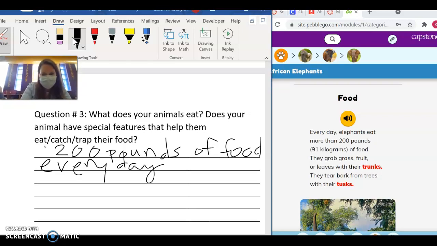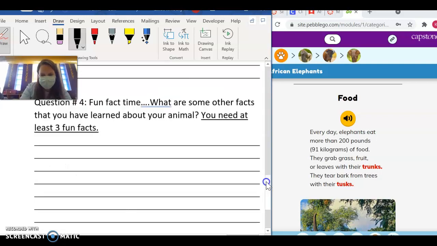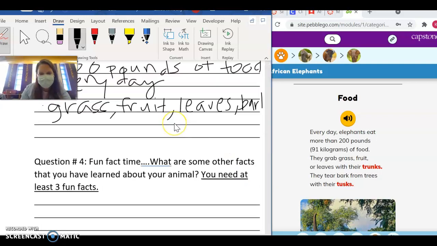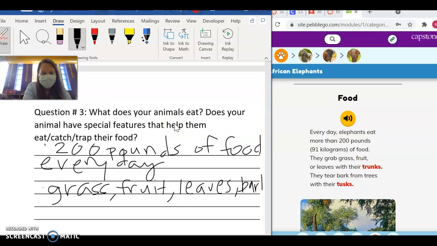That's a lot of food, okay? The next thing is they eat grass. I'm just going to put a list here. They eat grass, comma, fruit, okay, and leaves. And then it also told me that they eat bark from a tree. Sounds really gross.